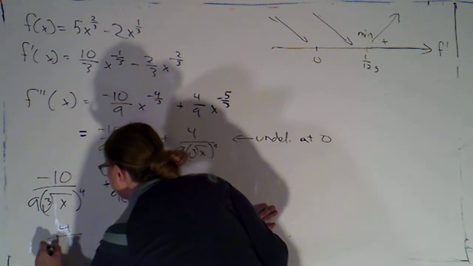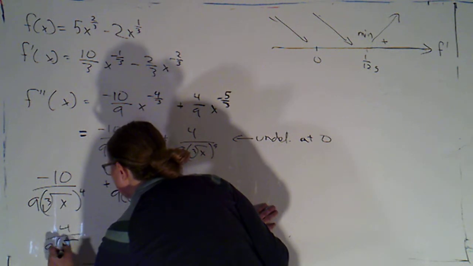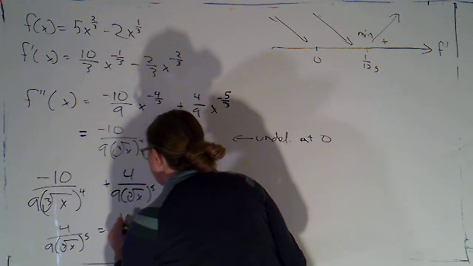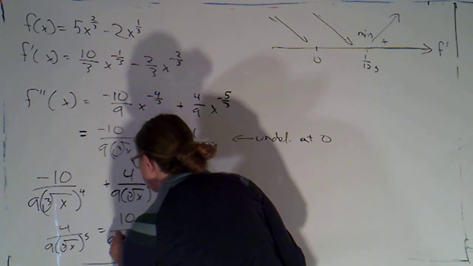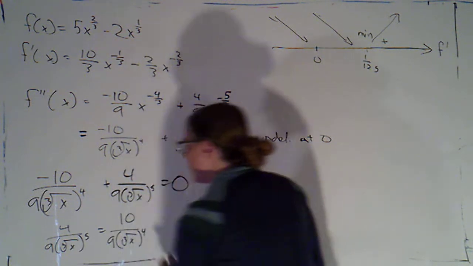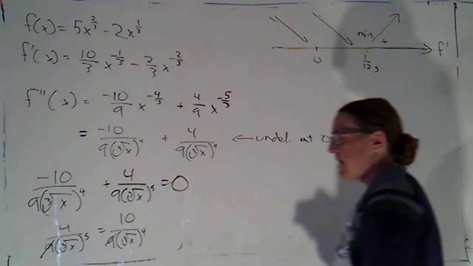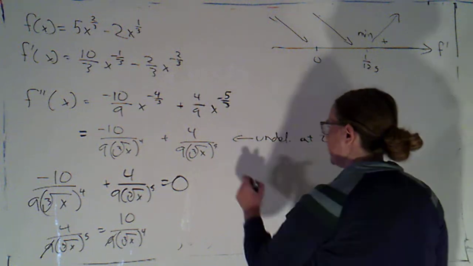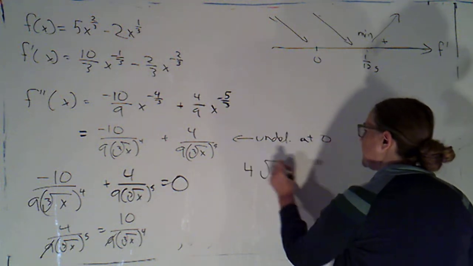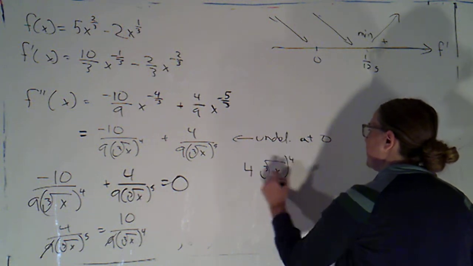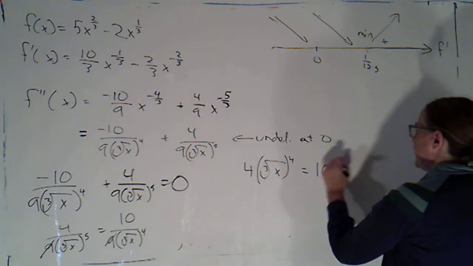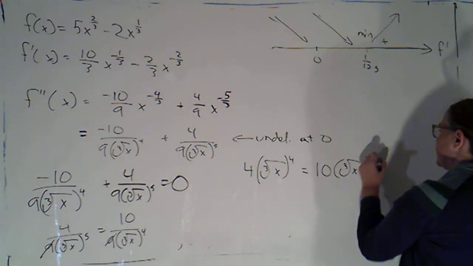So 4 over 9 times the cube root of x to the 5th would equal 10 over 9 times the cube root of x to the 4th. I'm going to multiply both sides by 9 to get rid of those 9's first, and then I can cross multiply, and that's going to give me 4 times the cube root of x to the 4th is equal to 10 times the cube root of x to the 5th.